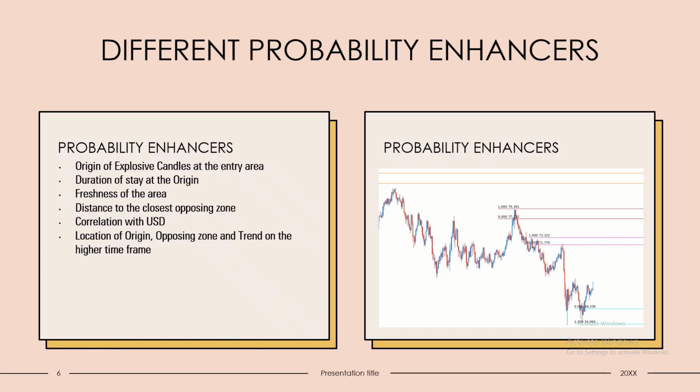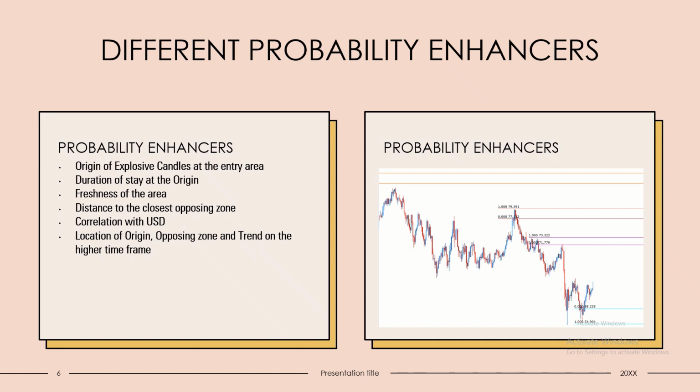We should now discuss different kinds of probability enhancers which have been established by our team of experts after a rigorous analysis and assessment of data over a given period of time. There is no proven record of data or any theory from any school or institution to justify the existence of these enhancers.